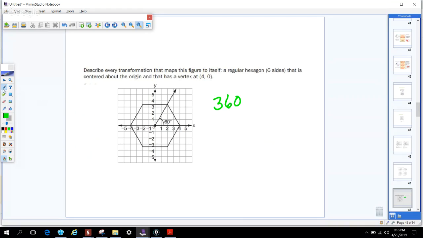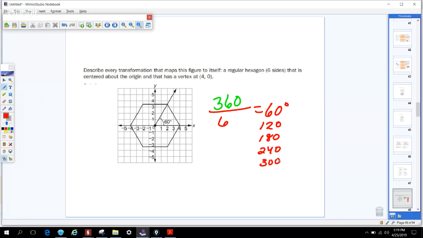How many sides does this shape have? 6. So that tells us that every 60 degrees, we're going to get rotational symmetry. So you will get it at 60, 120, 180, 240, 300, and I'm not going to put 360 because it's like we didn't even turn it.